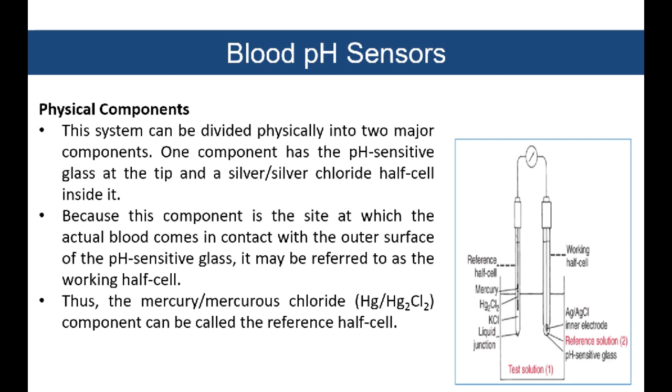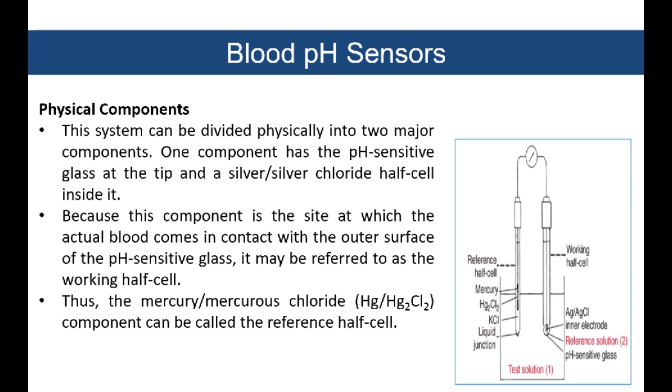Because this component is the site at which the actual blood comes in contact with the outer surface of the pH sensitive glass, it may be referred to as the working half cell. Thus the mercurous chloride component can be called the reference half cell.